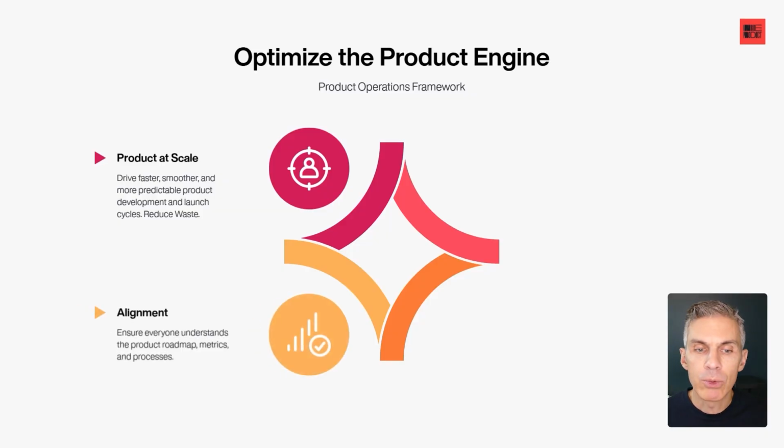The second part of this framework for me, and probably one of the most critical ones, is alignment. What you want to do here is ensure that everybody understands what is coming in the product, that there is an understanding of the metrics and the data points that we are getting, how to interpret them, and what processes we have.